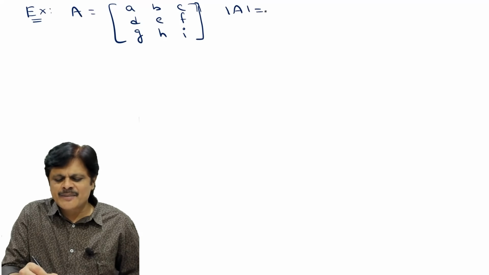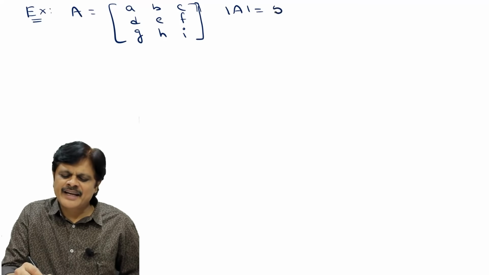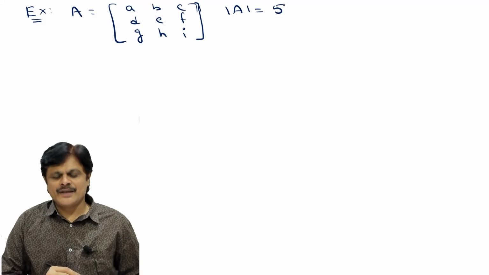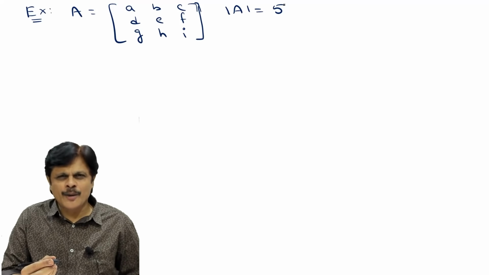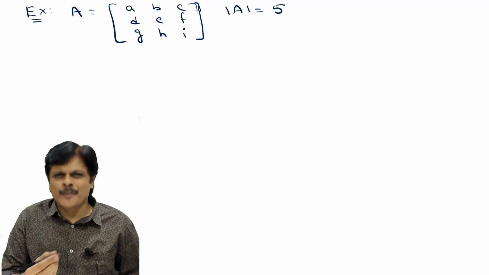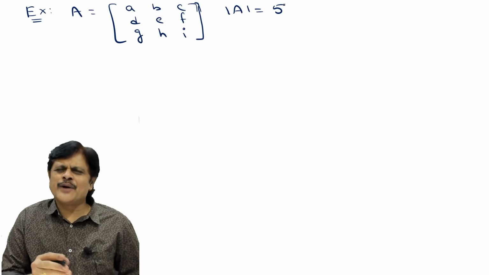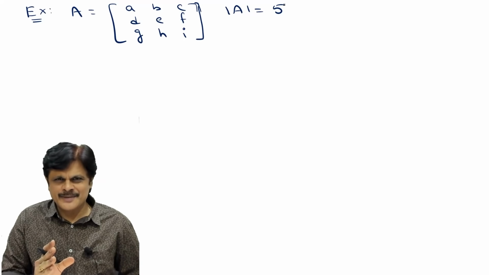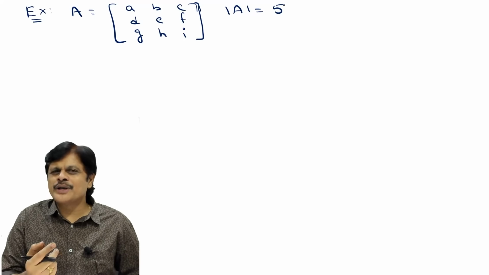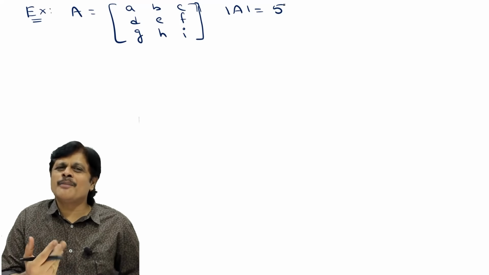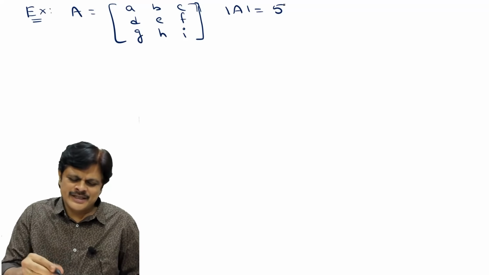Assume that its determinant is, say, 5. Now there are 3 important operations called elementary row operations. We also have elementary column operations, but I'll tell you about elementary row operations and how you can skip elementary column operations completely.